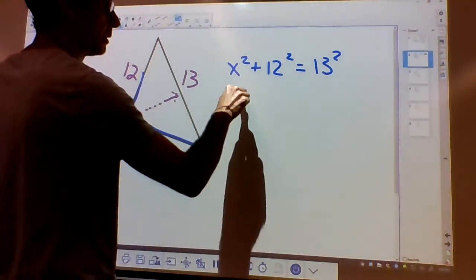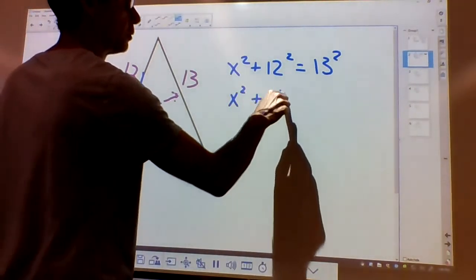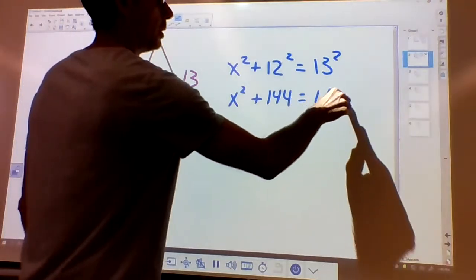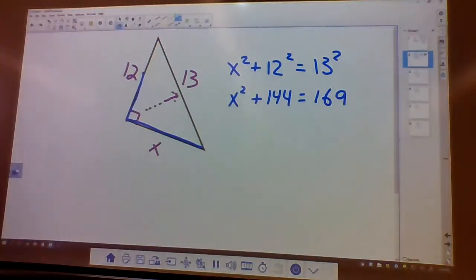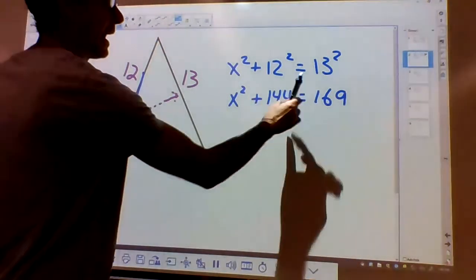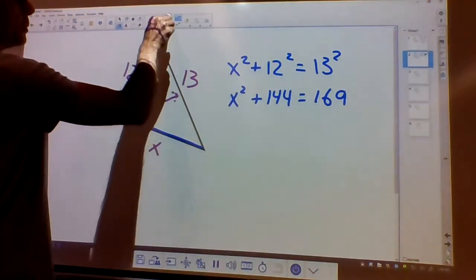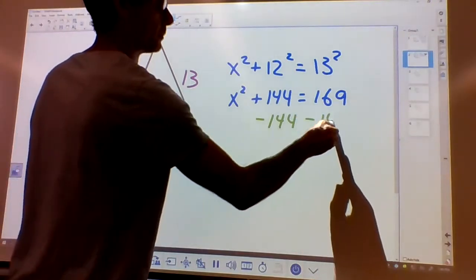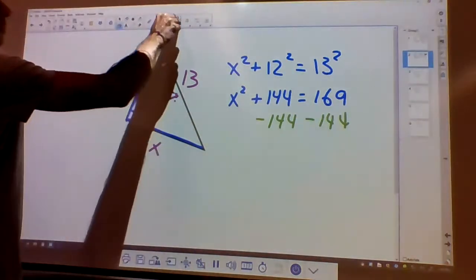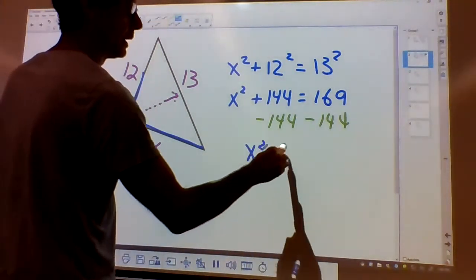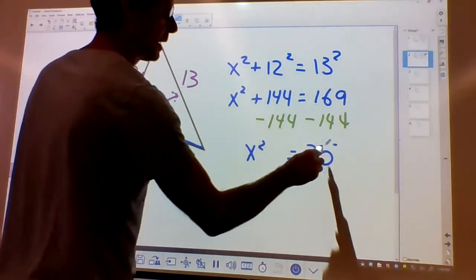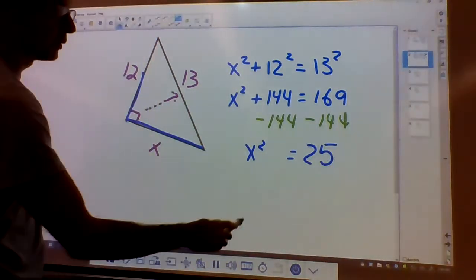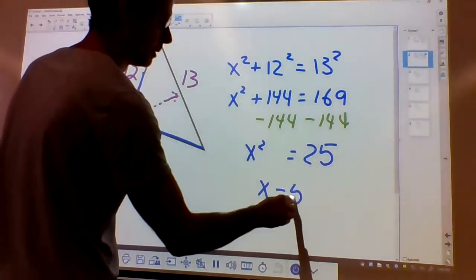Doing the math here, you can use a calculator as much as you want. That's what 12 squared and 13 squared is. Now instead of adding together like we did on the last problem, we're going to want to subtract. And we end up with x squared equals 25. Looks familiar. And the square root of 25 is 5.